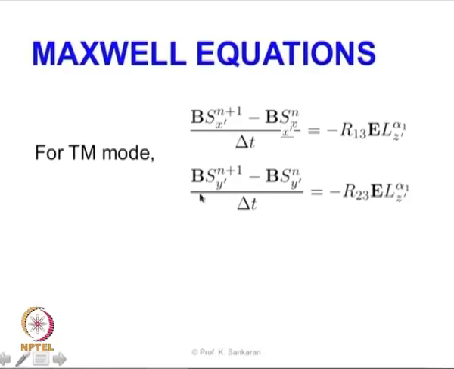And similarly, for the second term, Bs n plus 1 y prime minus Bs n y prime, divided by delta t, is equal to minus R23 E L alpha 1 z prime.